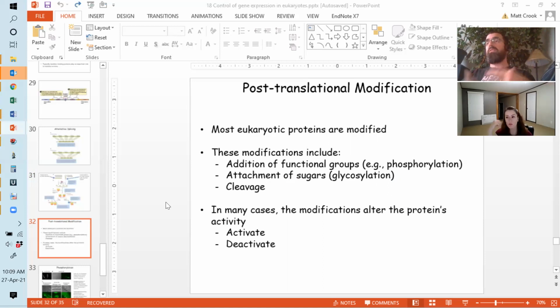Those proteins themselves often turn on other proteins, which turn on other proteins, and so you get this huge web of control which has nothing to do with the control of transcription or translation.